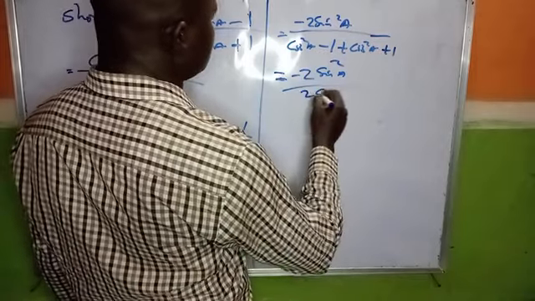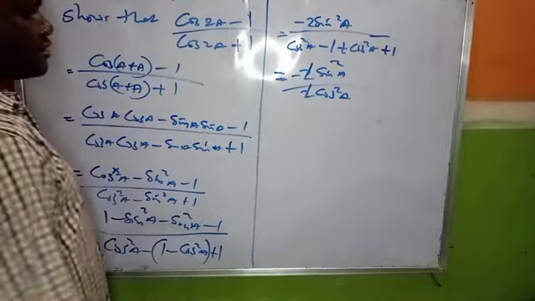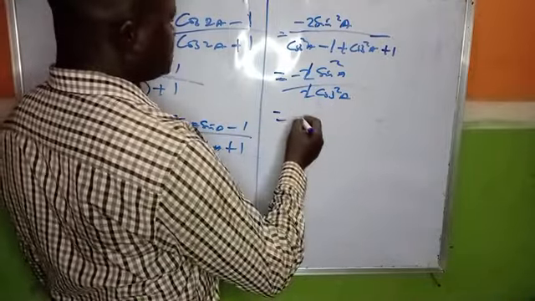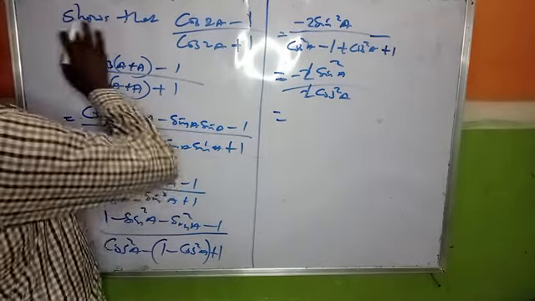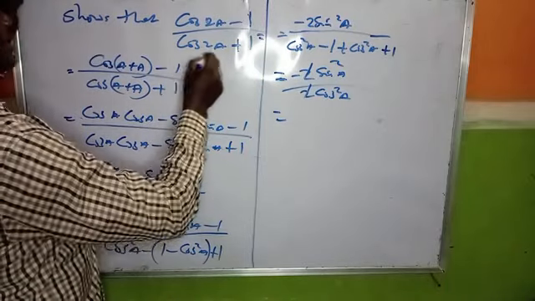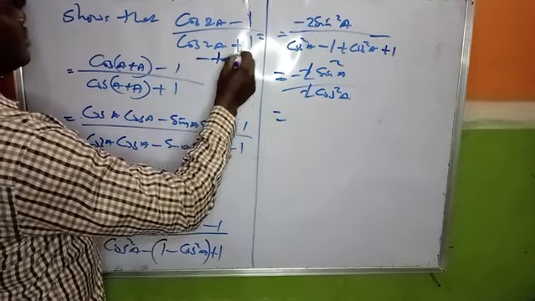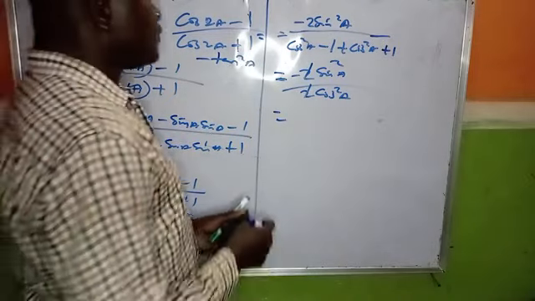This plus you have 2 cos square A. So what you have is this cancel this divided by this. See that I did not show it. See that, so that this equal to tan minus tan square A. I think I wrote it down. Something like that. So that's it.